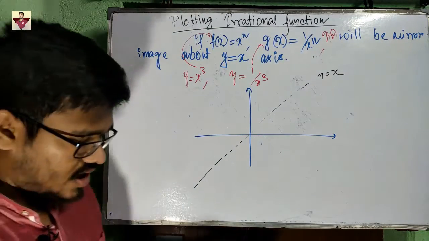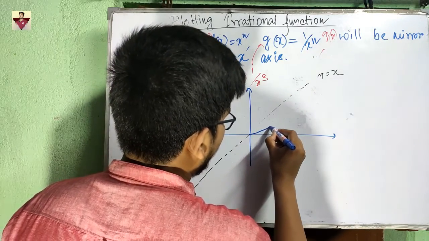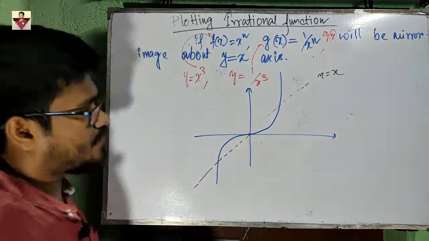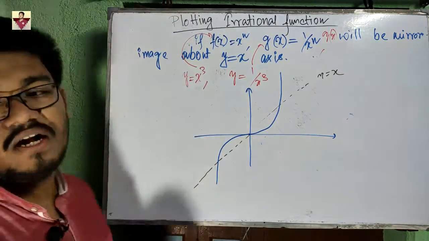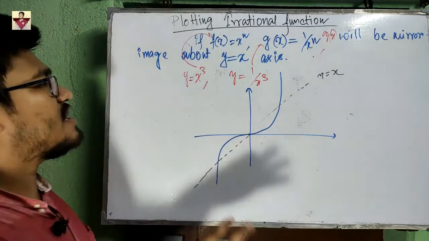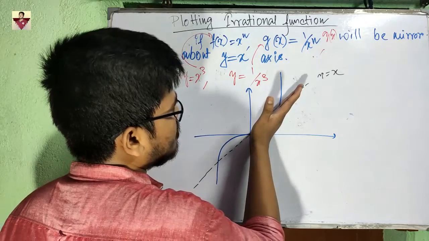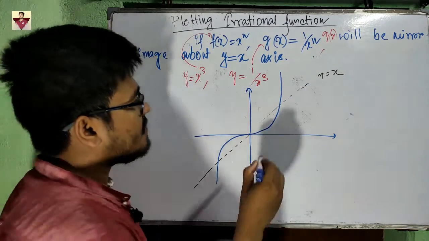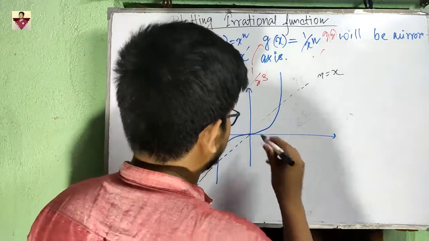Now how do you plot y equal to x cube? As I discussed earlier, y equal to x cube is like this. Then I have said that y equal to 1 by x cube will be the mirror image of y equal to x cube. Let's say you have a mirror on this y equal to x axis, then your y equal to 1 by x cube curve will vary like this. Or let us use another color.